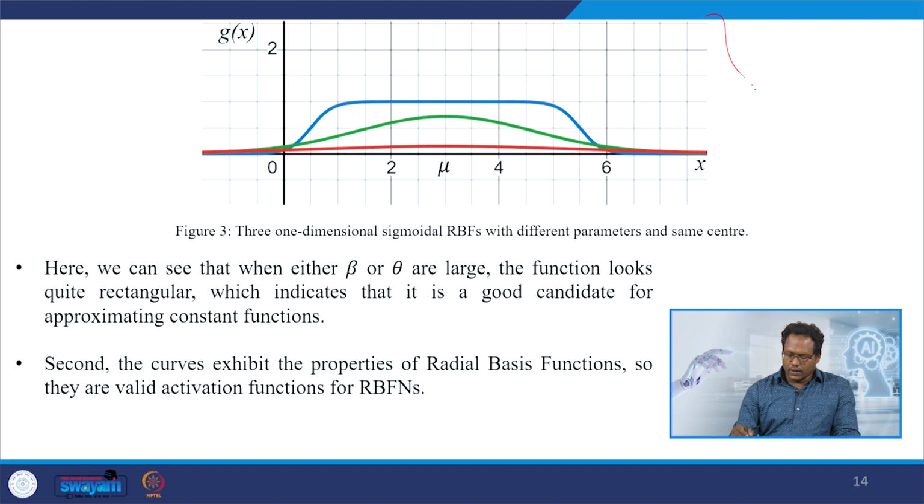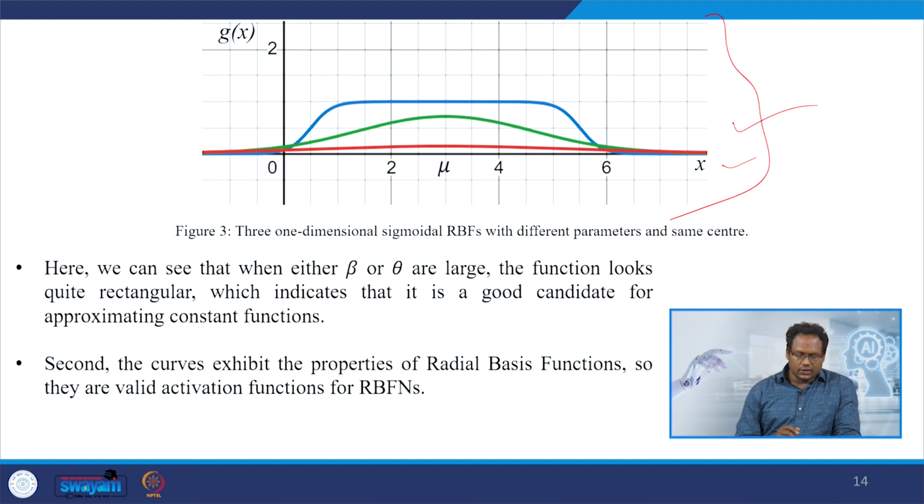For that, you have this profile for g of x with respect to mu value. So we can see that g of x for a given x can be obtained from these 3 RBFN sigmoidal functions. So we have this performance given here.